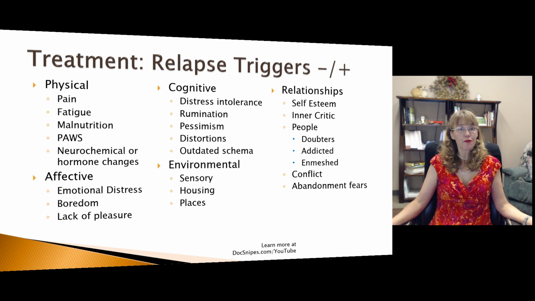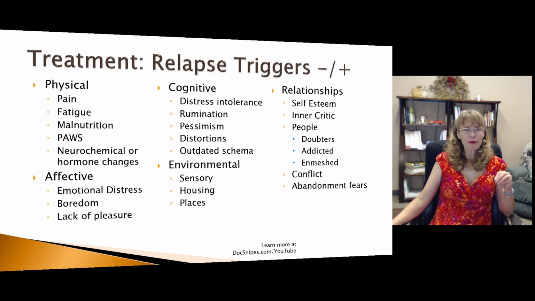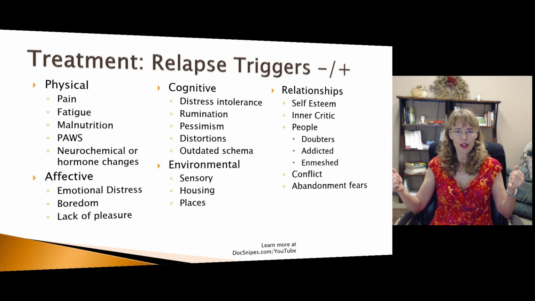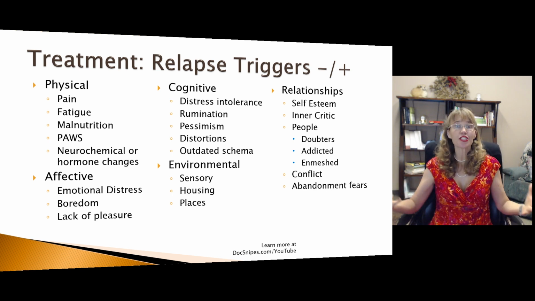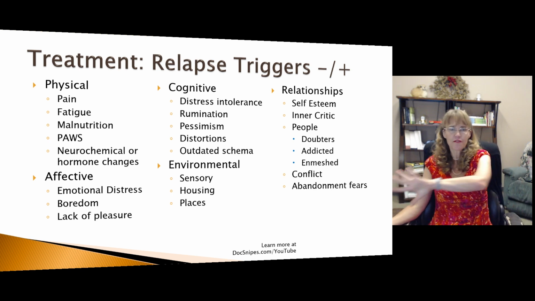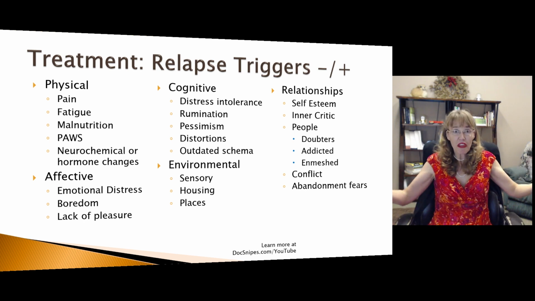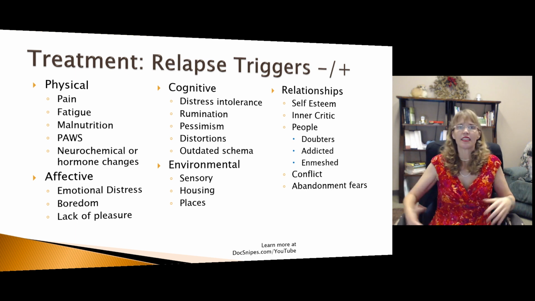Boredom and lack of pleasure are also relapse triggers. So we want to help people figure out, what do they need to do to avoid idle hands, basically? What do they need to do to add pleasure into their life? It's not enough just to remove the unpleasant. If you just remove the unpleasant, you're left with nothing. Let's add some pleasant in there.